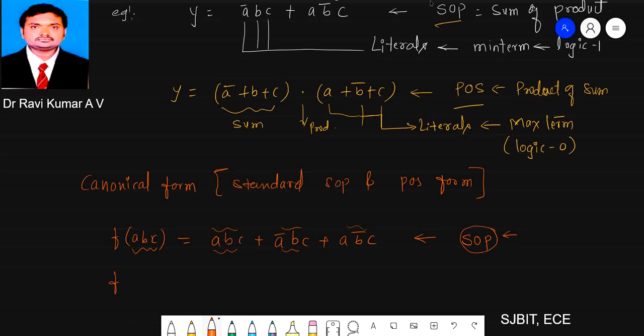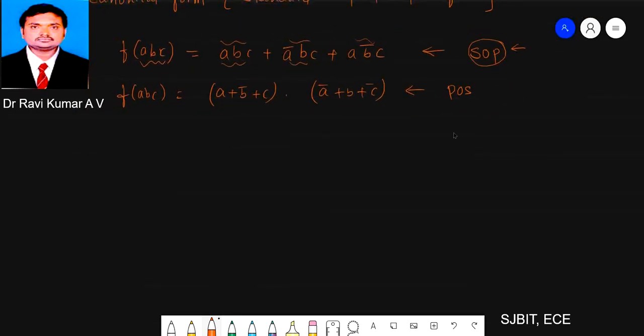Similarly, if you have ABC, let's say A plus B bar plus C into A bar plus B plus C bar, this equation is in POS form. Here also we have three variables and every term consists of all the literals, so this expression is known as standard canonical POS form.